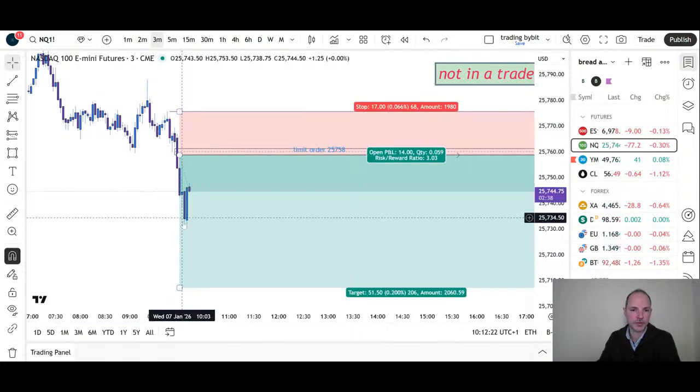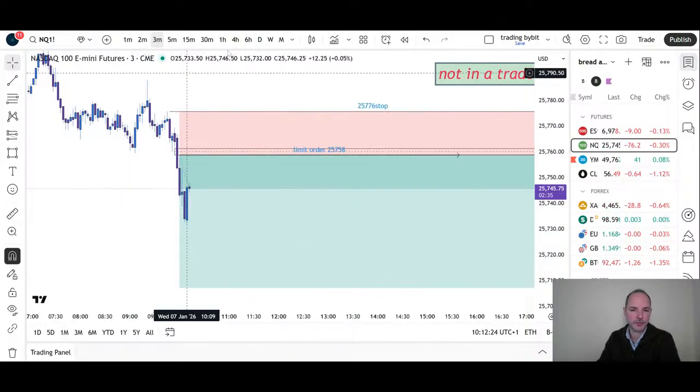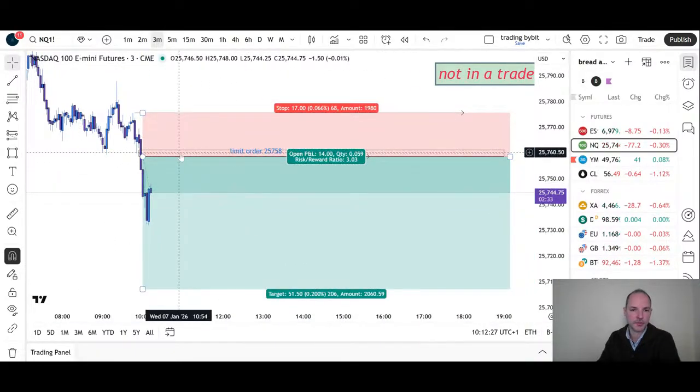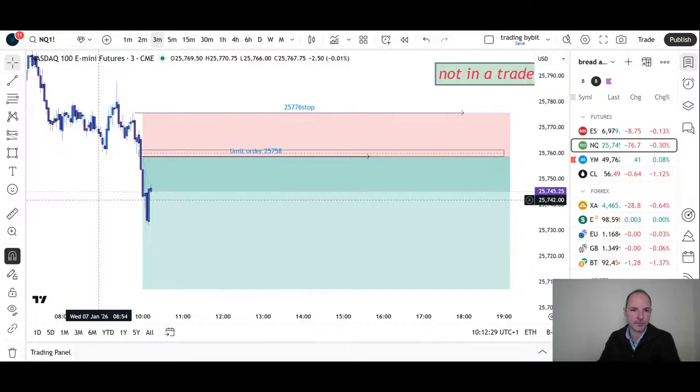I'm still gonna take this at this point. We didn't hit that full level down, so if we come into this limit order, taking a short down.